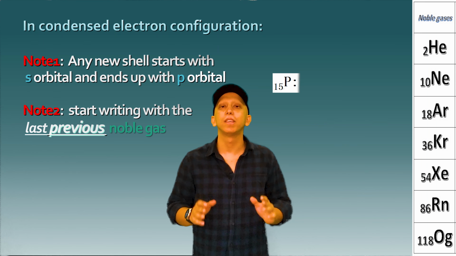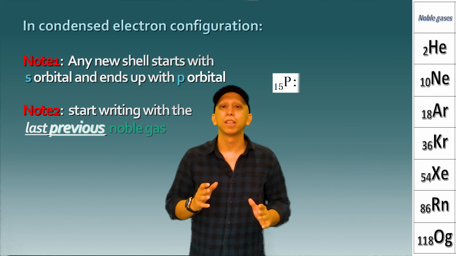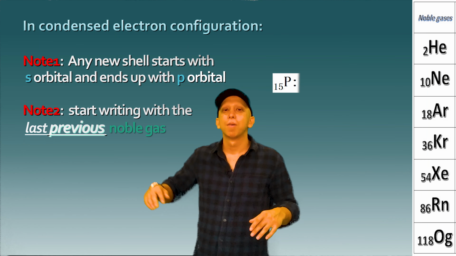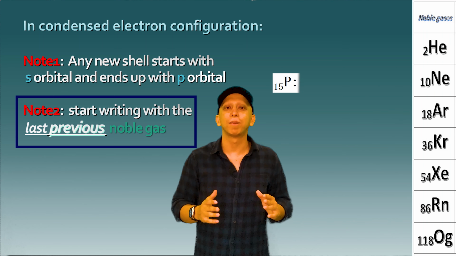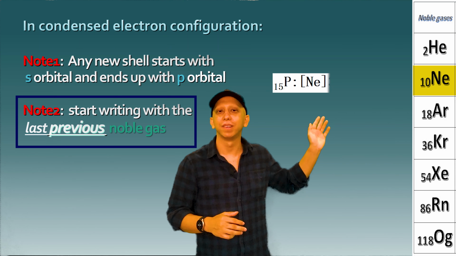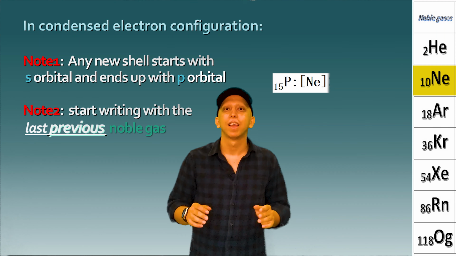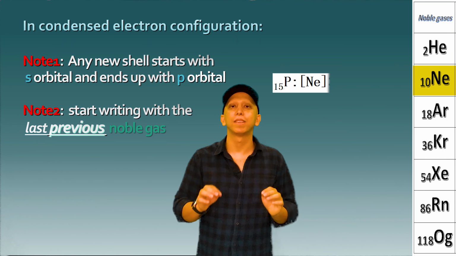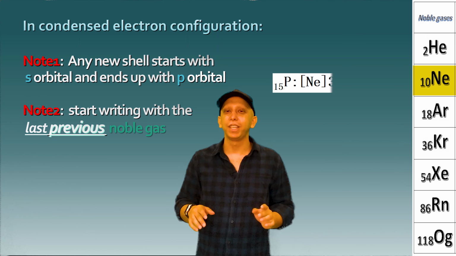The next example is phosphorus, which is shown with P. Its atomic number is 15, and we know that in the neutral mode the number of protons and electrons is equal. By using note number 2, we have to use the last previous noble gas, and it is neon because its atomic number is 10. The argon atomic number is 18, so we use neon. And we know neon is the last element in shell number 2, so we have to start with 3s2.